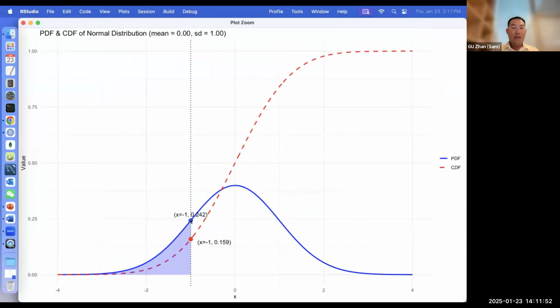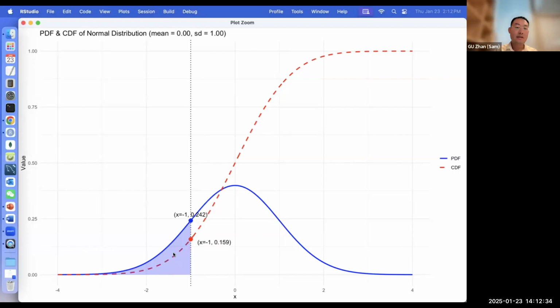So when we have x equal to -1, the probability density function will give you a value of 0.242. Recall that this is not a probability value. It is the density value. The cumulative probability for x less than or equal to -1 is the area under the curve, up to here.